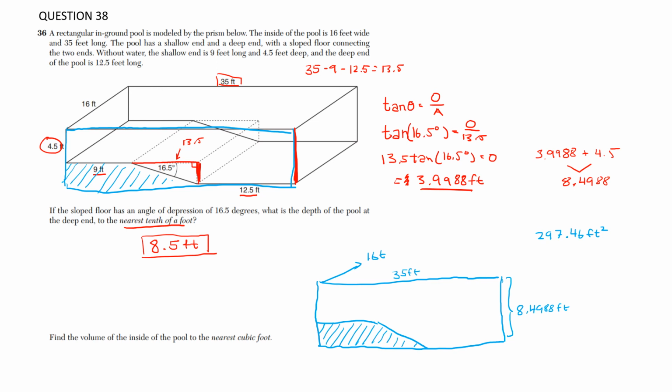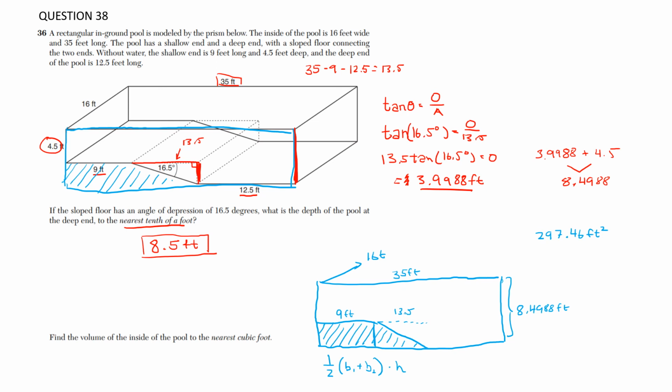All right, and I want to subtract the area of this trapezoid. So what is the area of a trapezoid? The area of a trapezoid is 1/2 times the length of base 1 plus the length of base 2 in parentheses times the height. Now we're given all this information. We know that this portion is 9 feet, and we know from our previous portion of the question that this is 13.5 feet.